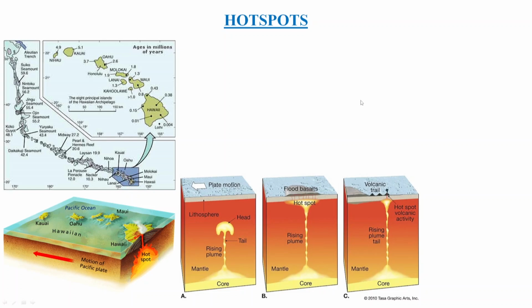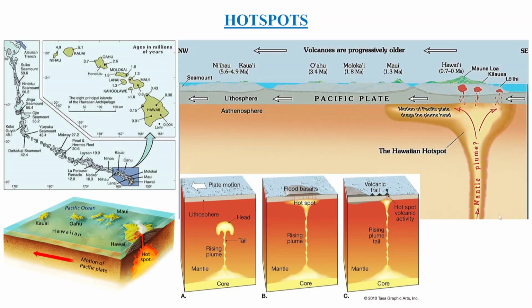Now, if this is the mantle plume, it is simply getting stuck or attached to the lithosphere. As the plate moves, if I take the example of the Pacific plate itself, I can say that the Pacific plate is moving westerly to northwesterly.